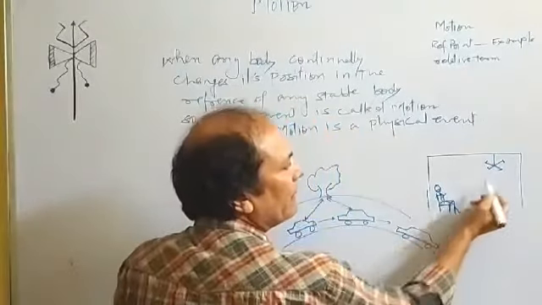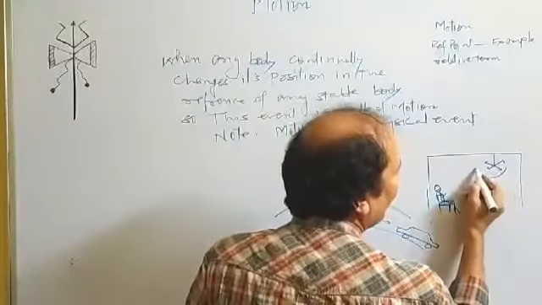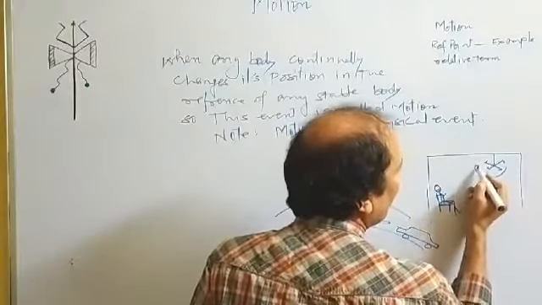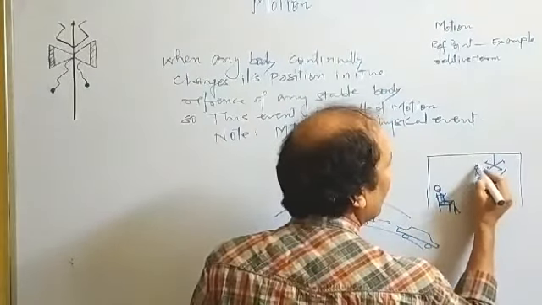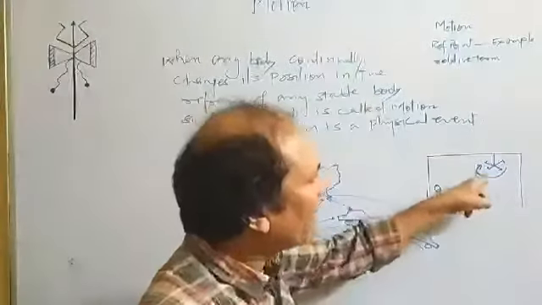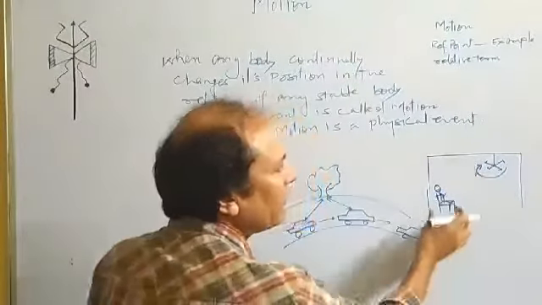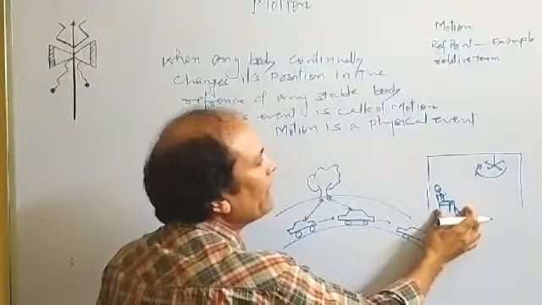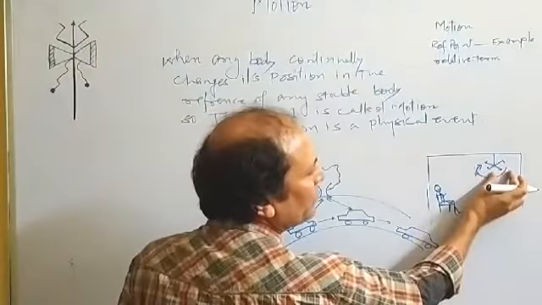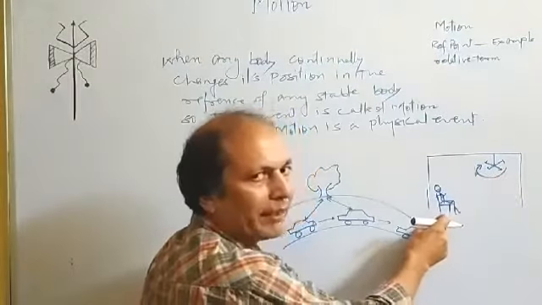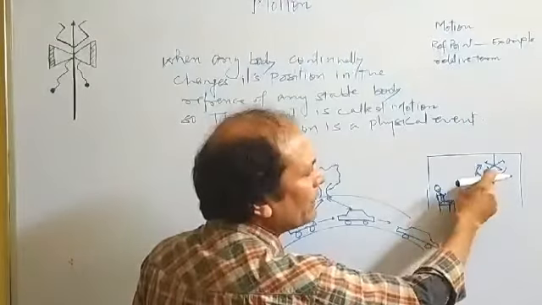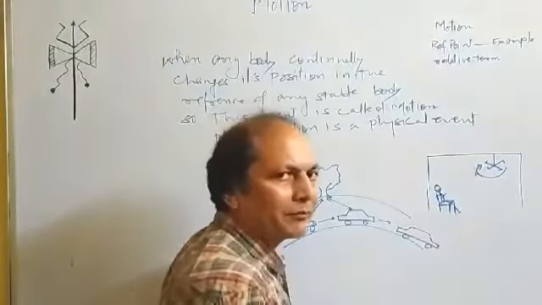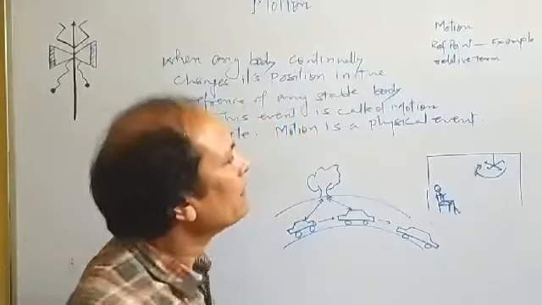This person is sitting here and this fan is here. Now the fan is continually in motion, but this man is stable. So we can say that the fan is in motion in the reference of this man. Fan is in motion in the reference of this man.